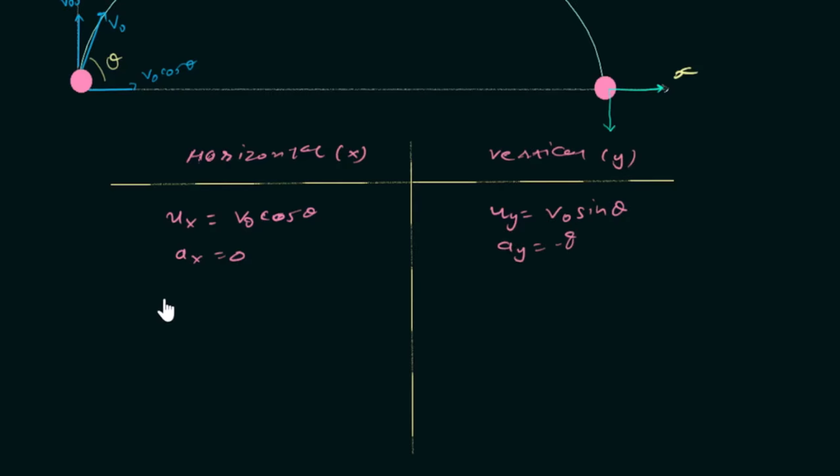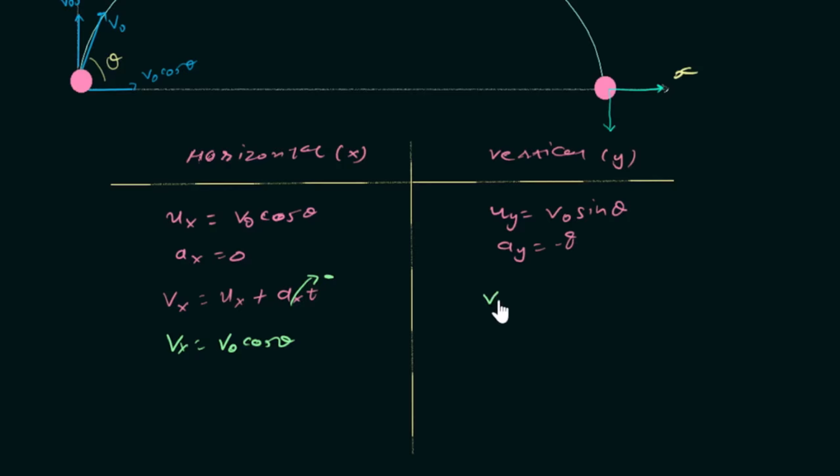Now the x component of velocity will change like this: vx equals ux plus axt, and ux is v naught cos theta. ax is zero, so the second term will be zero.